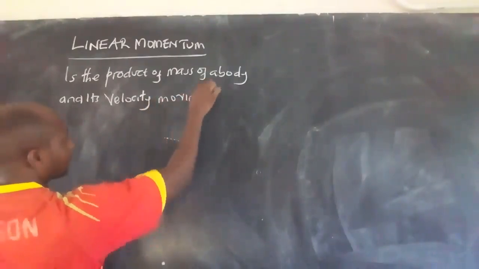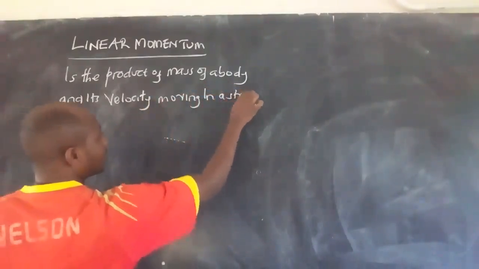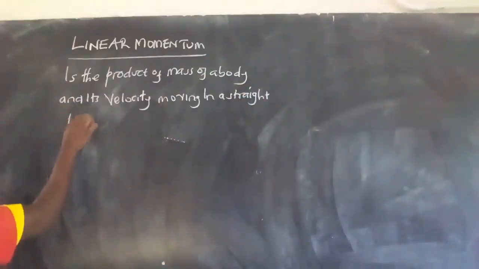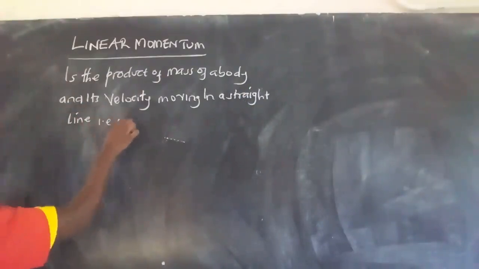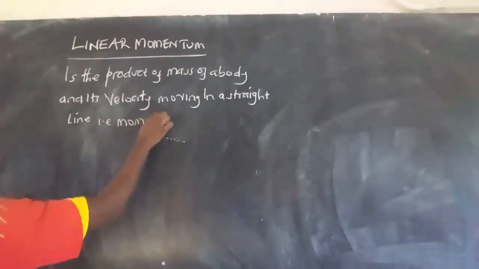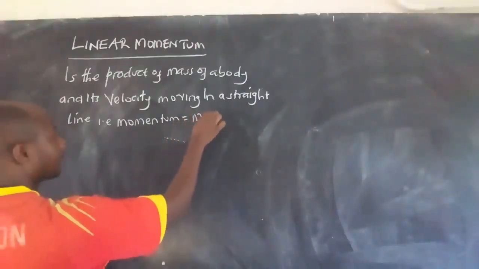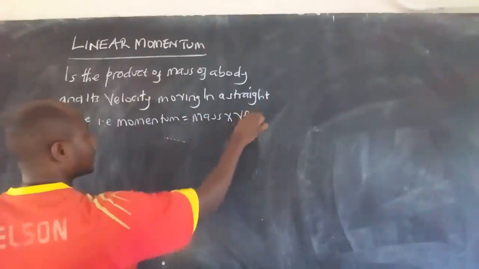That is, momentum equals mass times velocity.